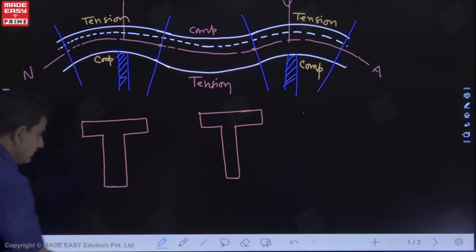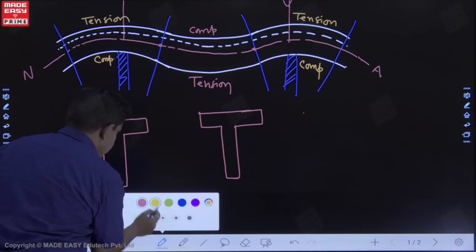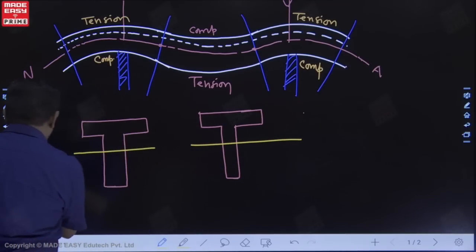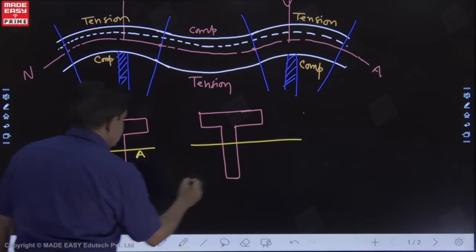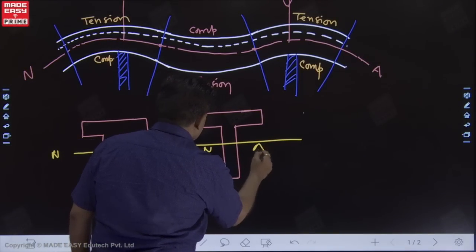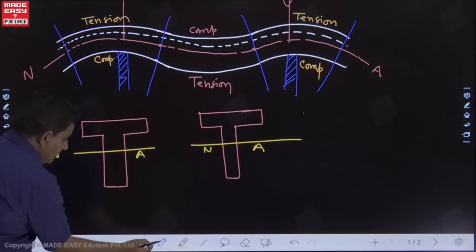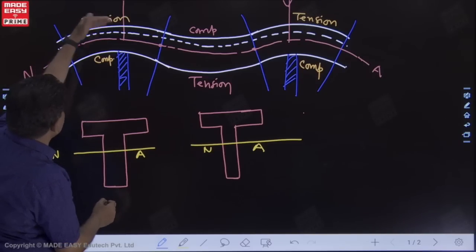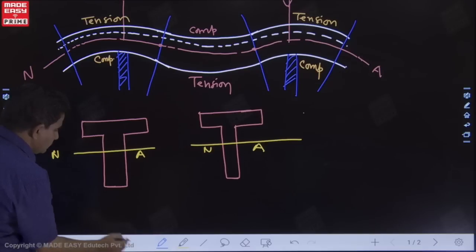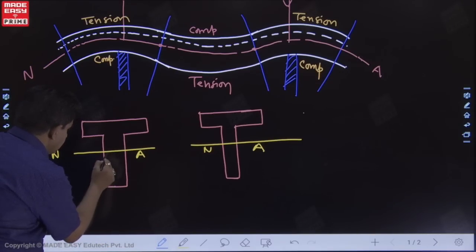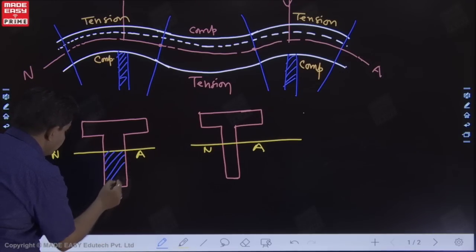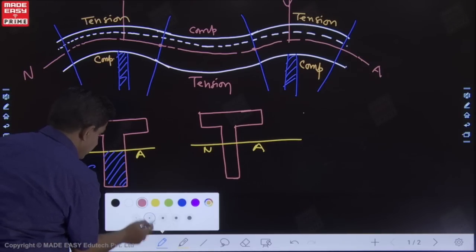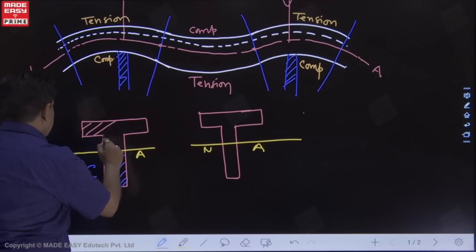Now understand, if this is the neutral axis, and this is another neutral axis, see which area will be in tension and which area will be in compression. In this case, the top portion is in tension, bottom portion is in compression. Suppose I color it with blue color, compression, and this portion is in tension. If I color it with red, this is tension.